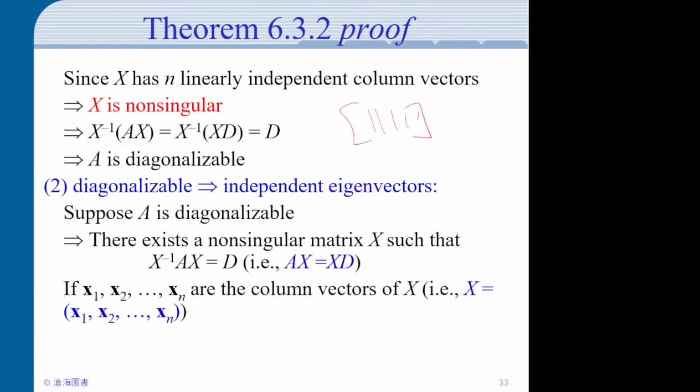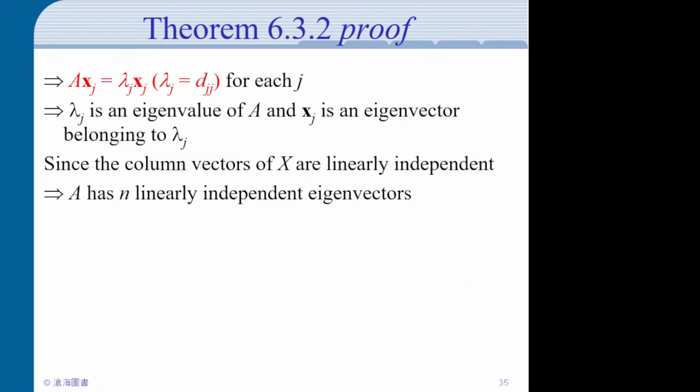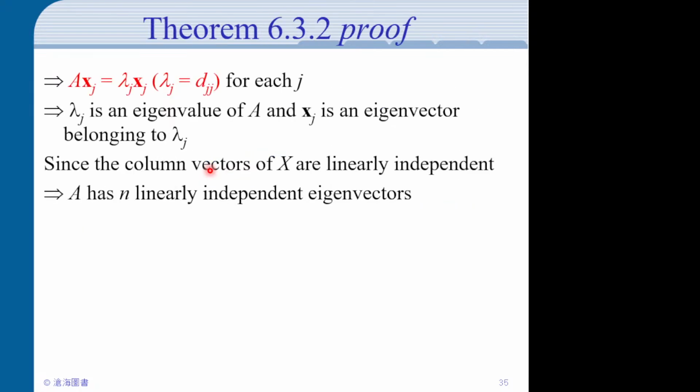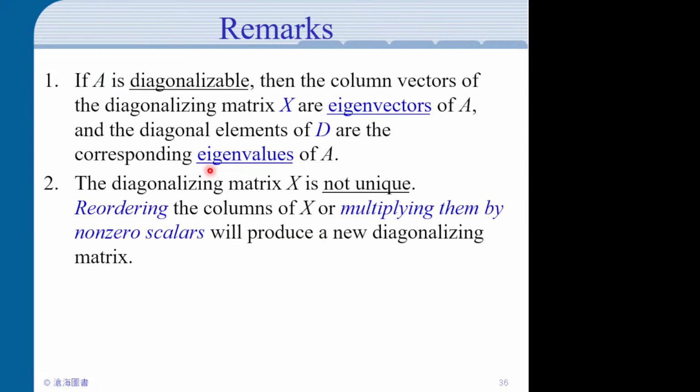That's okay because you will still get A back, because you have X^-1 here. If you have twice X, then your X^-1 will get 1/2. So you can have a different X and still diagonalize your A to a similar D. If you reorder X, you will have a reordered D, and they are all diagonalizing your A.